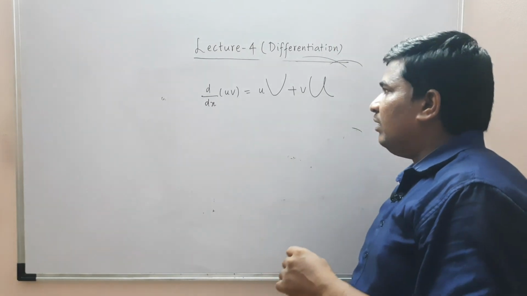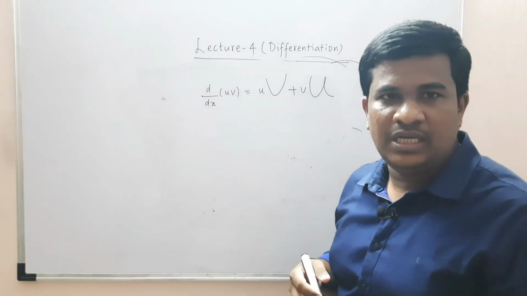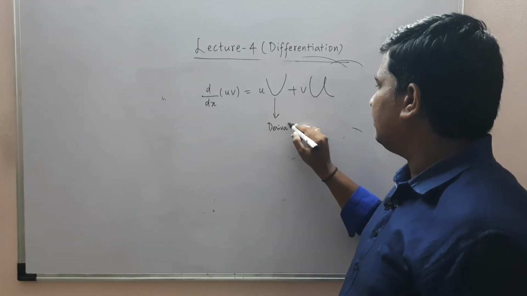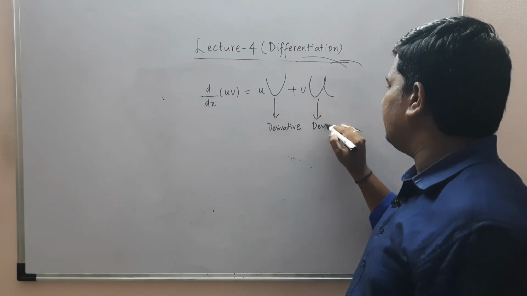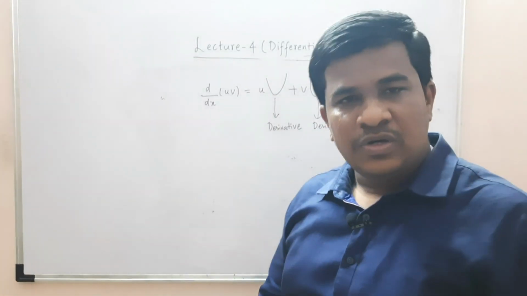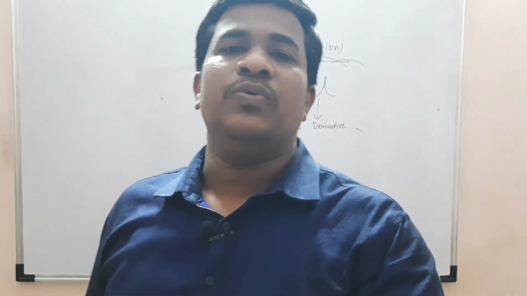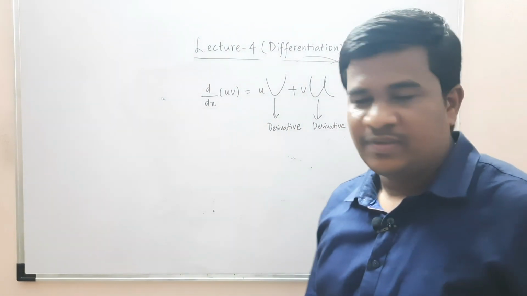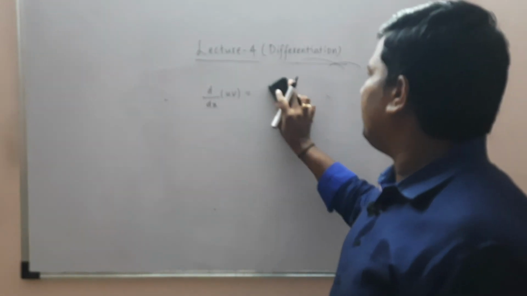So when you prolong it, in uv, the v indicates the derivative, and in this u, the u indicates the derivative. So it is uv plus vu. Clear? So this is how you have to remember it in case of product.